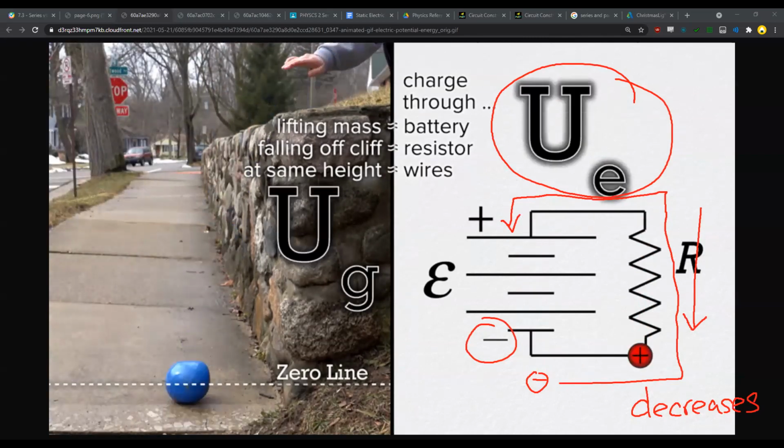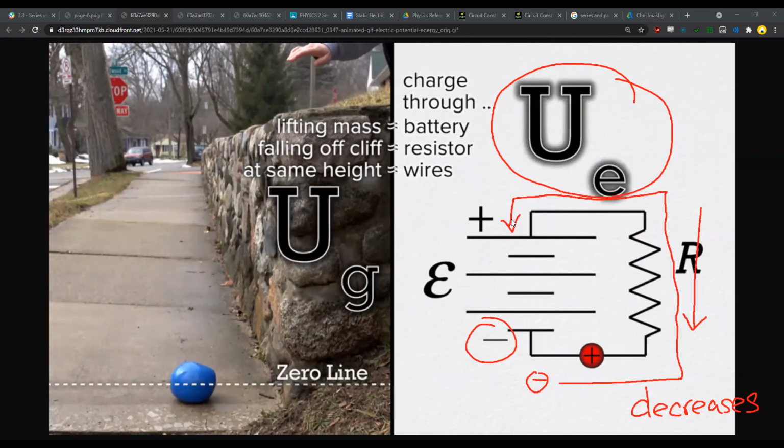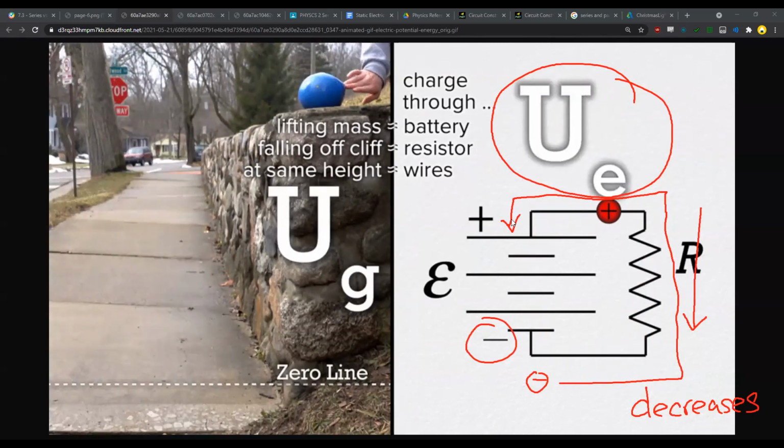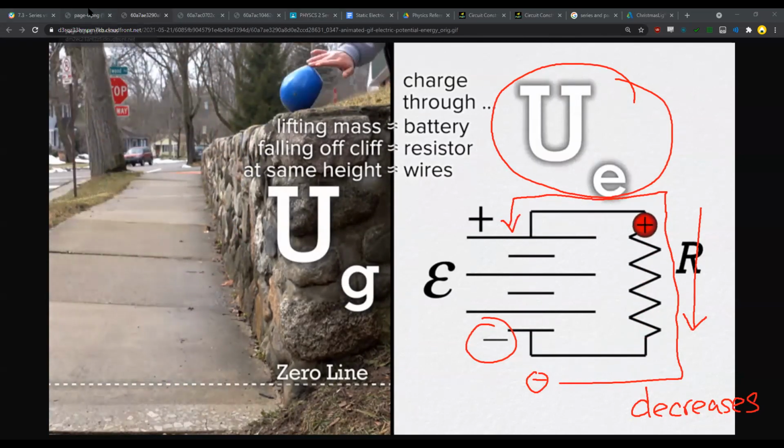The battery. The battery is the one that's providing a potential difference. Again, to move electrons, you need a potential difference, a source of potential difference.